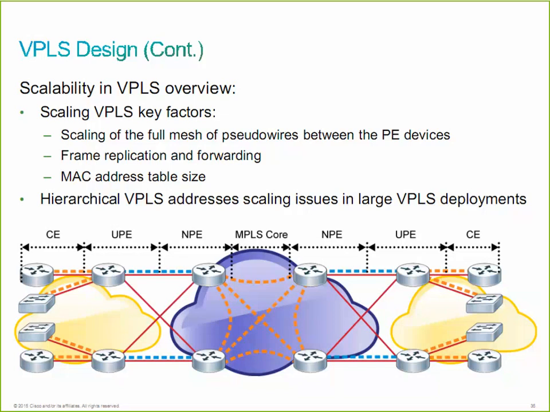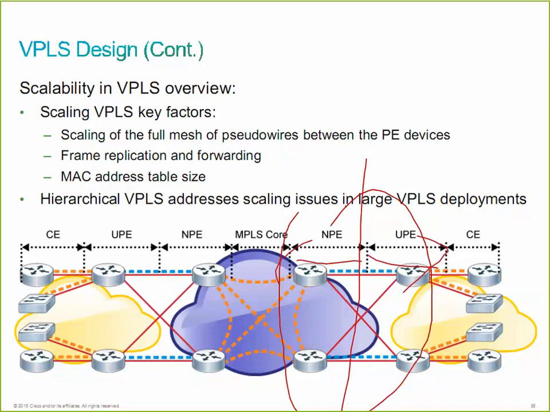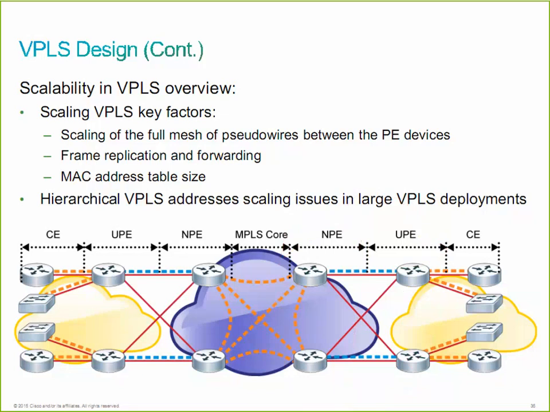And then we have the NPE device, the network provider edge device, and that's going to be connecting to the network side. We see that demarcation here on the diagram. Here's the UPE, which is the customer side. Here's the NPE, which is the network side. Remember, this is all part of this hierarchical VPLS deployment model.